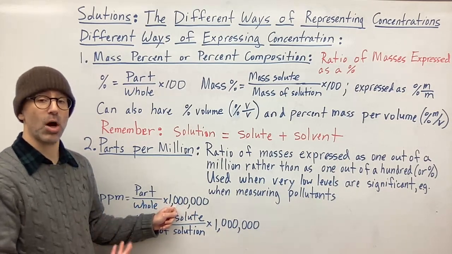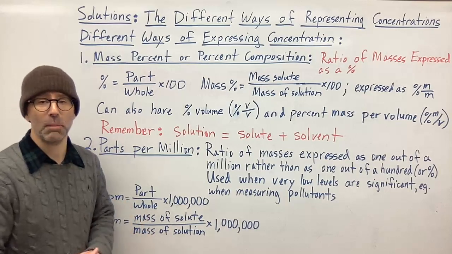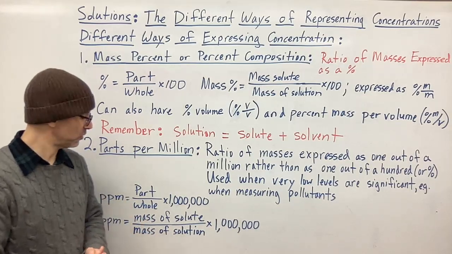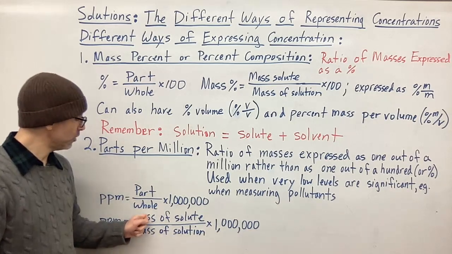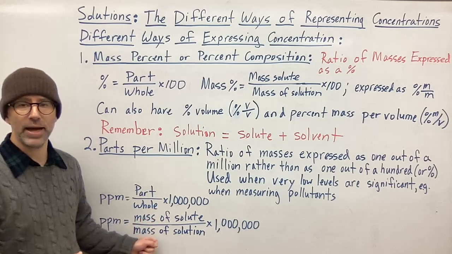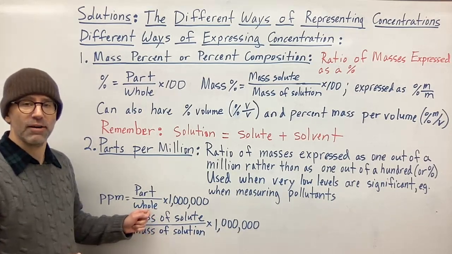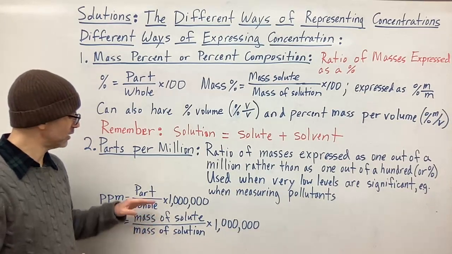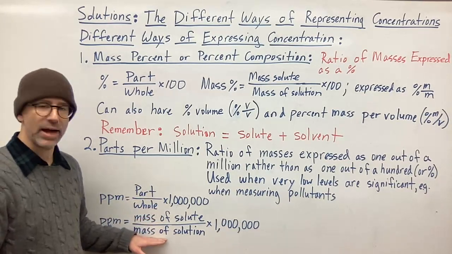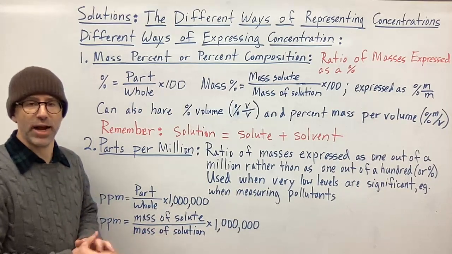So those are even smaller concentrations that you need to multiply by a billion to get a workable number that's convenient to use. And so again, normally it's mass over mass, but again, you could have volume over mass, mass over volume, or volume over volume, or something like that. But typically, it's mass over mass, and the units of mass are whatever's convenient, usually grams.